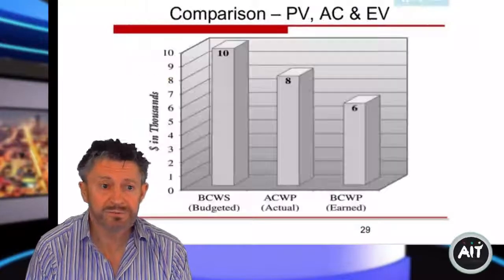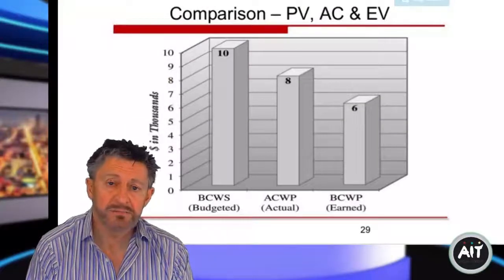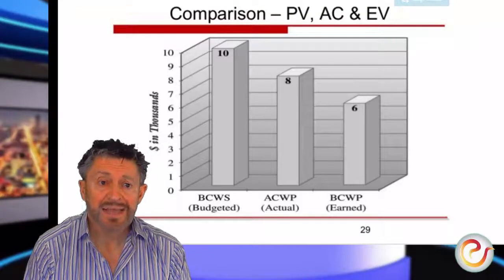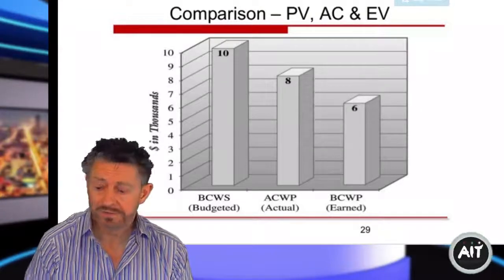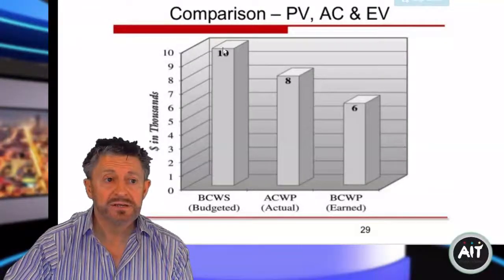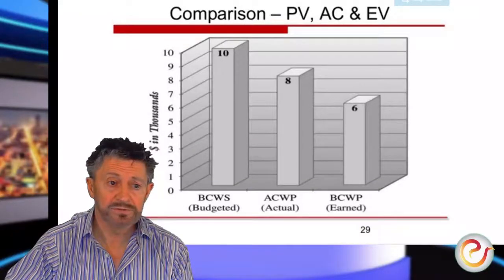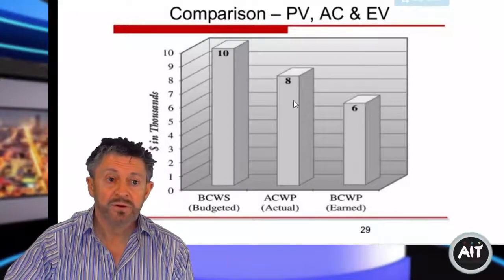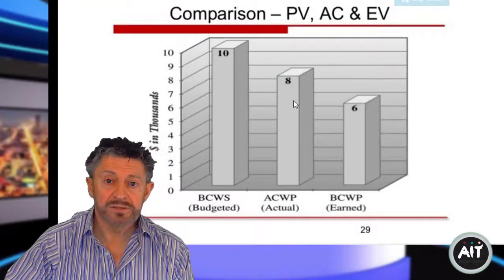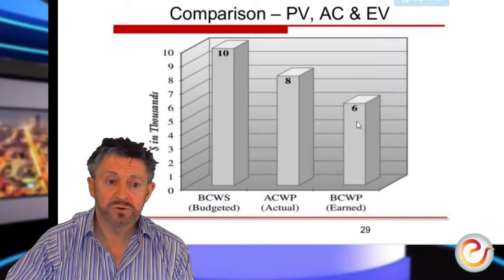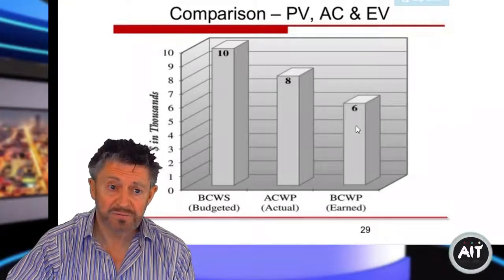So now you see how it's beginning to shape up. So look at the comparisons: the planned value, the actual cost and the earned value. So we had planned 10,000 euros or dollars worth of work for 5 tasks. We invoiced only 8,000, and we know that there were only 3 tasks performed.